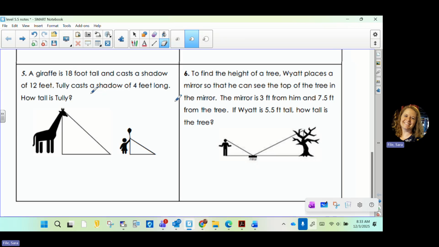A giraffe is 18 foot tall and casts the shadow of 12 feet. So this is also similar, but it's using different items, and let's mark what they tell us as we go. So the 18-foot giraffe casts a 12-foot shadow. Tully casts a shadow that's 4 foot long. How tall is Tully?